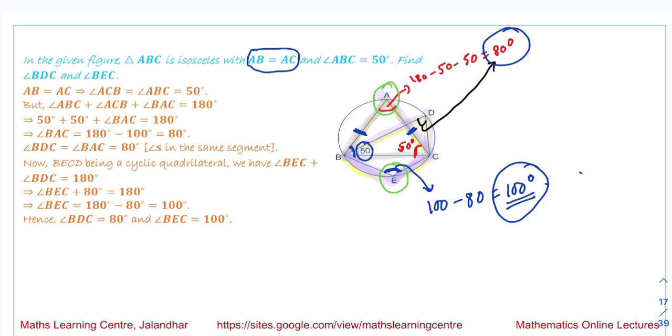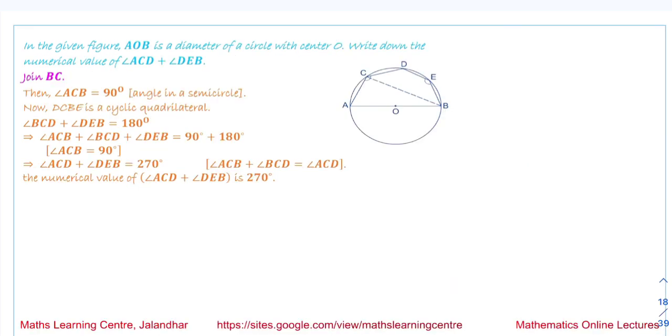Next, the figure is given to us, and it is given that AOB is the diameter of the circle with center at O. We have to write the numerical value for the angle ACD plus angle DEB.